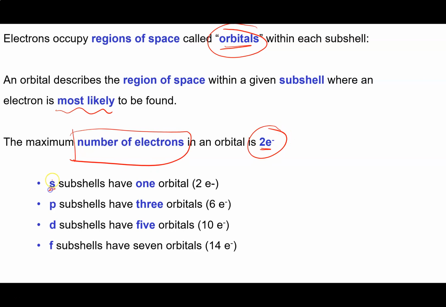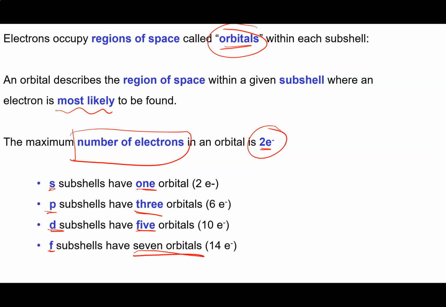So S subshells that can hold a maximum of 2 electrons, they have 1 orbital. P subshells that can hold a maximum of 6 electrons, you guessed it, 3 orbitals. D subshells that can hold up to 10 electrons, you guessed it, 5 orbitals. And then F subshells that can have up to 14 electrons, and they've got 7 orbitals. So that's how it works.